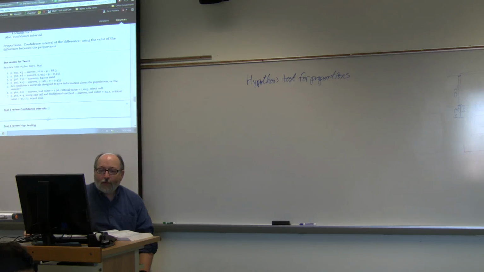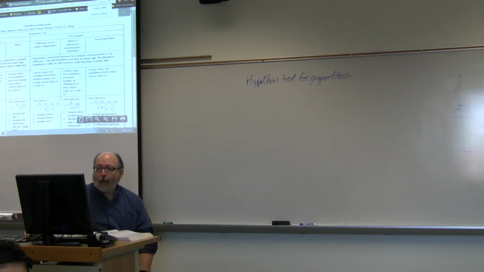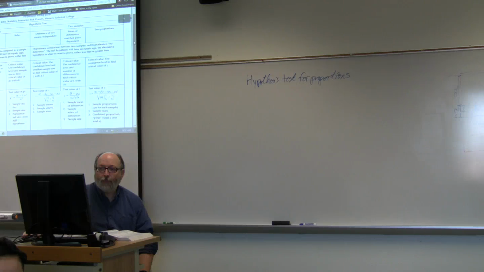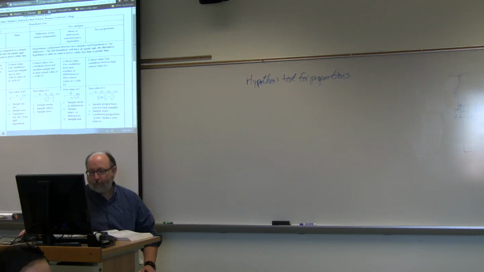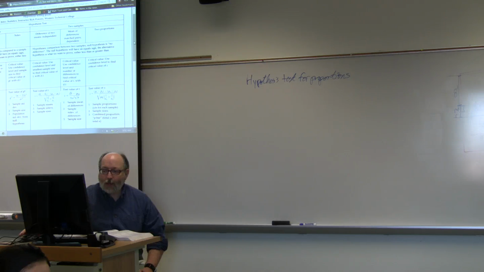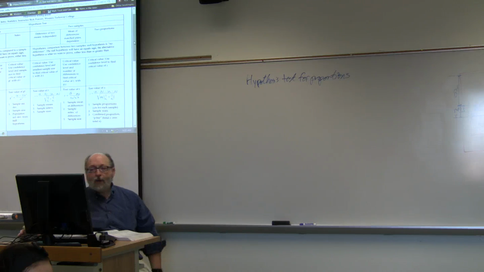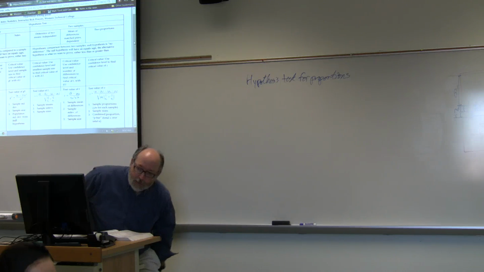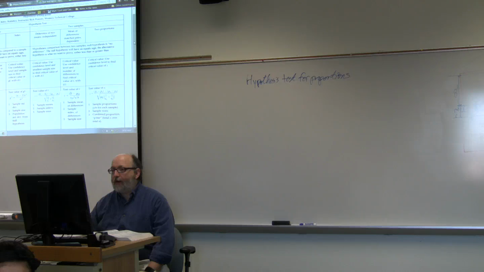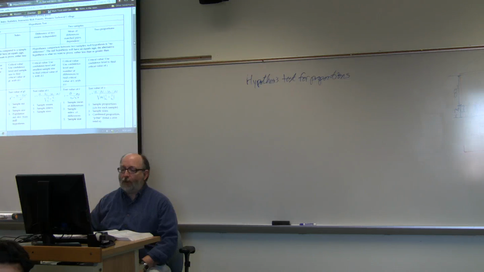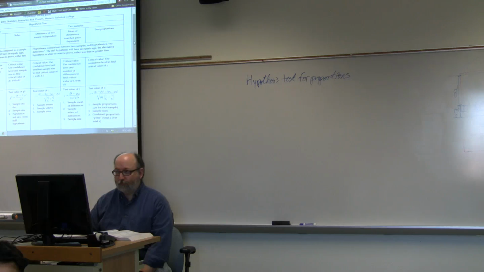Now I gave you this sheet about the different kinds of things that are out there. So the question that we have to ask here, is this a situation where we have two different samples? Or is this something where we just have one sample compared to a number? One sample. Okay, one sample compared to a number is what we have here.